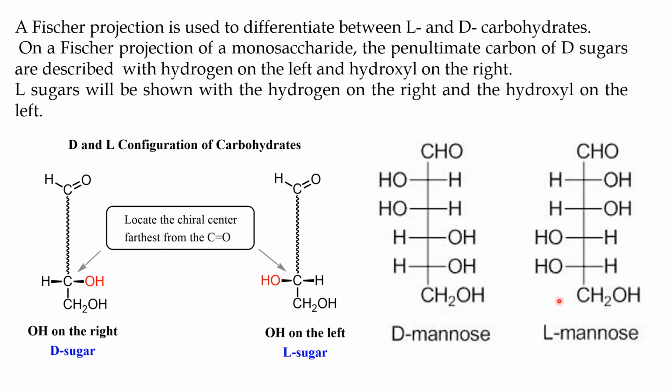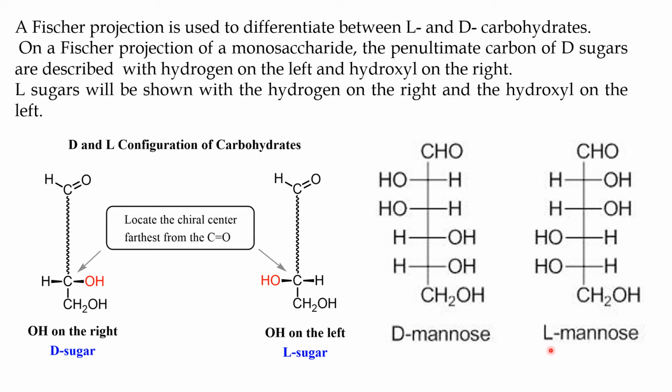See another example. D-mannose and L-mannose. Why is this D-mannose? Because in D-mannose the last asymmetric carbon atom has the OH group on the right hand side, while for L the OH group is on the left hand side. Hence this is a D sugar and this is an L sugar.